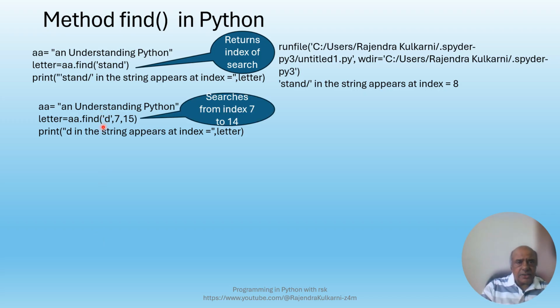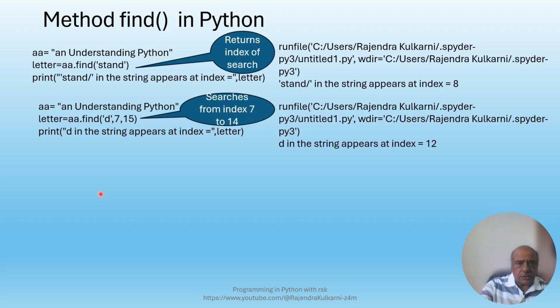This method find searches from index 7 to index 14, and the output we get is d in the string appears at index 12. And what it has done is this d, which is at index 2, has been ignored, and the search has started only from index 7 and up to index 14.